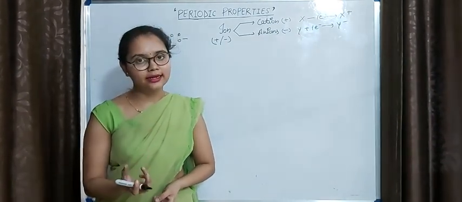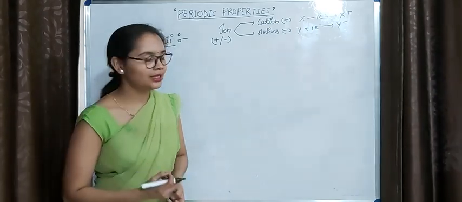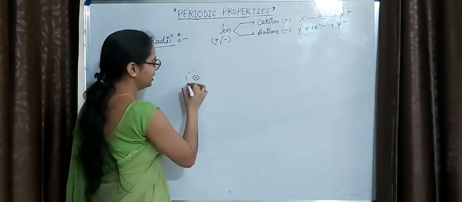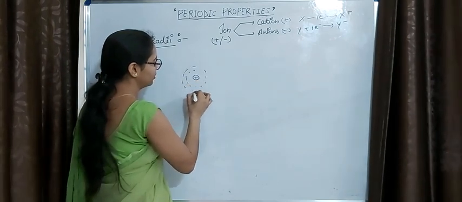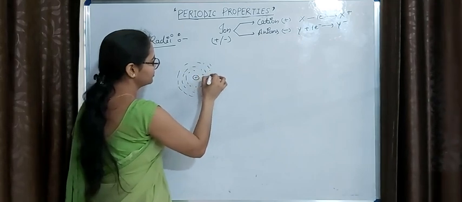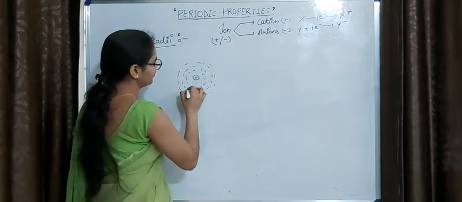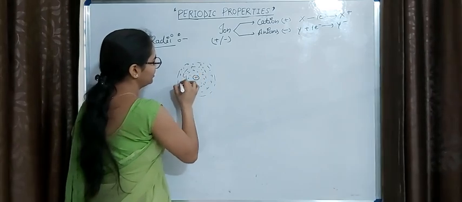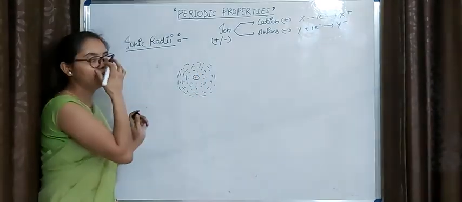To express ionic radii we have to draw nucleus and electron cloud. So let's do it. This is nucleus and this is electron cloud. Now what is ionic radii?